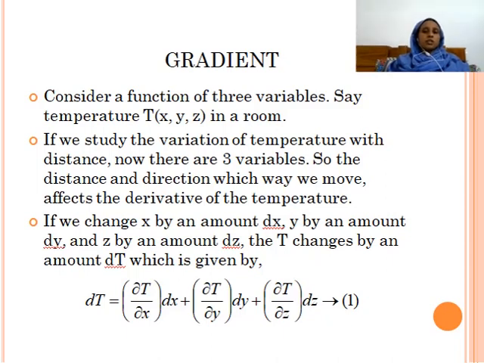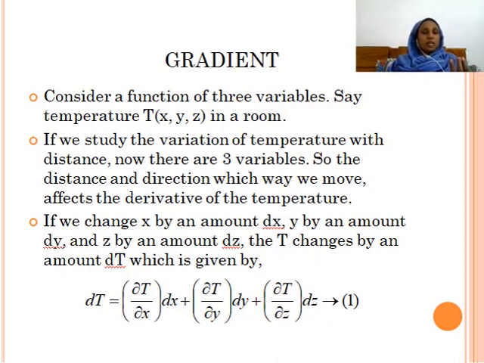Now, suppose we have a function which depends on three variables. For example, you try to measure temperature in your room. What happens if you measure temperature at different points in the room? You get different values. And usually you know that we measure in three dimensions.